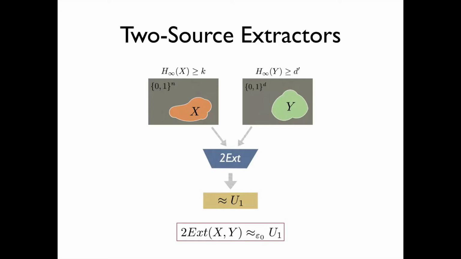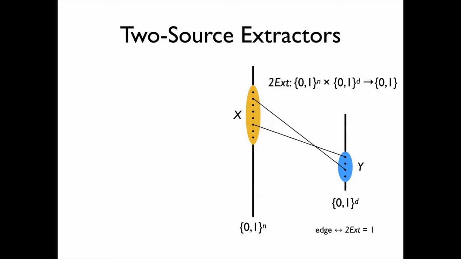And we want the output distribution, 2Ext(X,Y), to be epsilon 0 close to uniform. Okay, so now we changed our graph point of view. So the edges are now not seeds, but we put an edge between two samples x and y whenever 2Ext(x,y) equals 1.